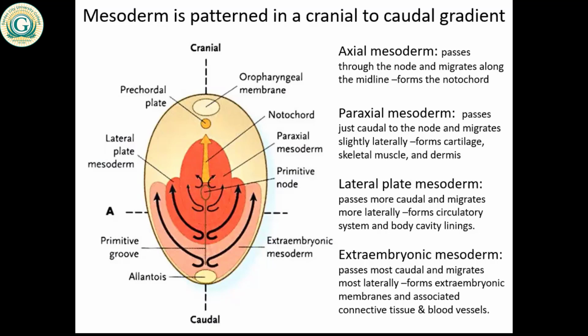So in other words, it forms the connective tissues. Our cartilages, our bones, our muscles, everything is formed by the paraxial. Now, can you look at the lateral plates? What does the lateral plate form? Circulatory system and body cavity linings.